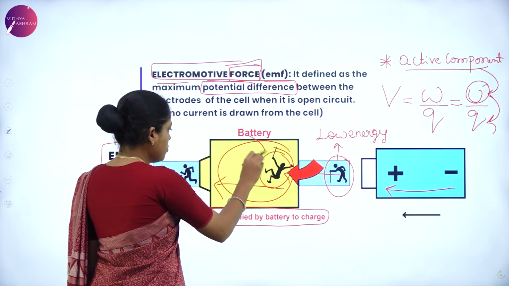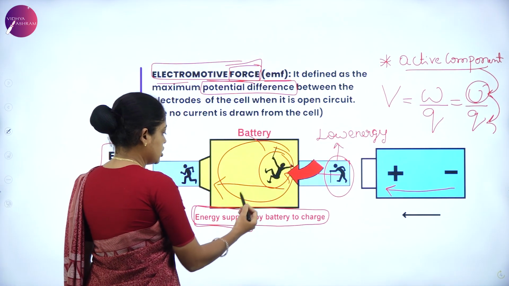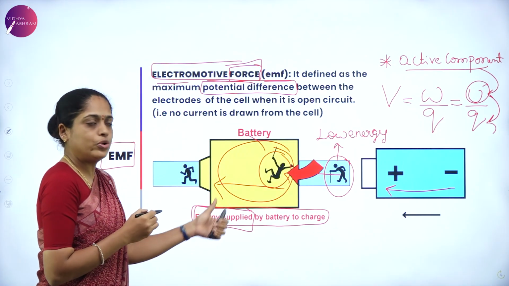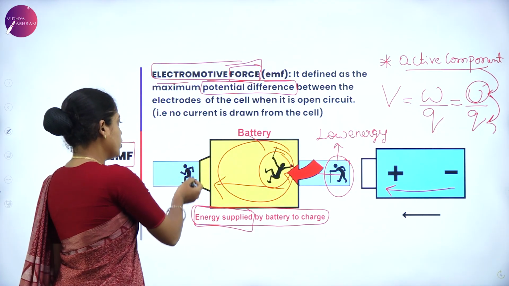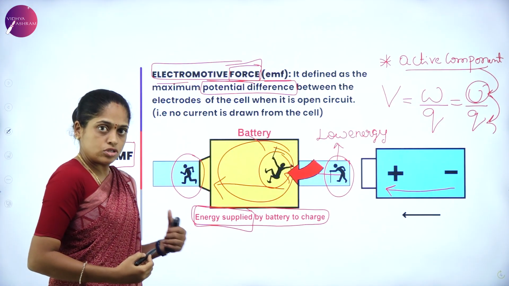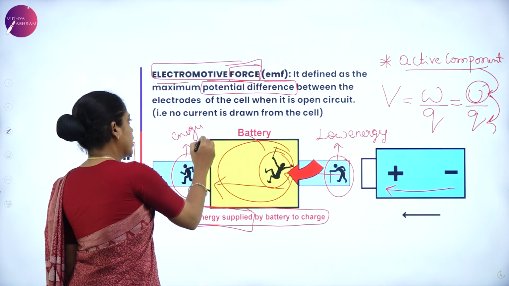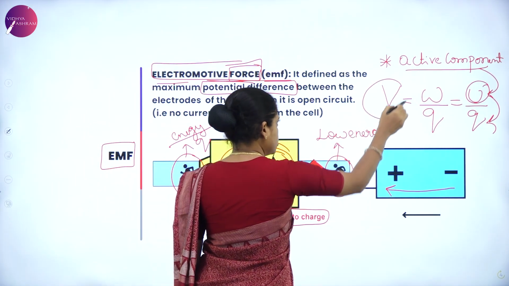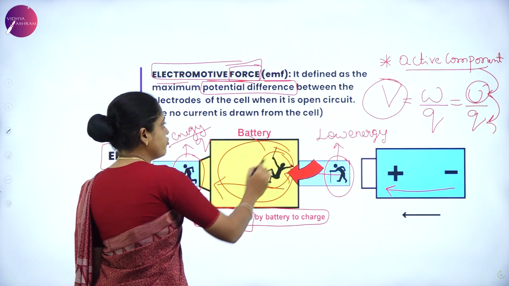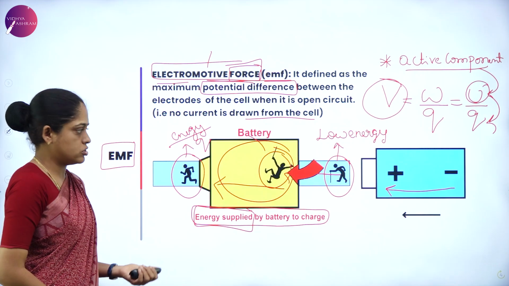So, while moving, it gains energy. That energy per unit charge is known as electromotive force. So, it comes out with high energy. That energy per unit charge is nothing but the potential difference. So, this potential difference of the cell is nothing but electromotive force.